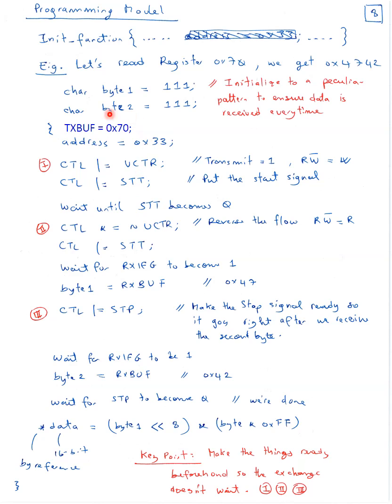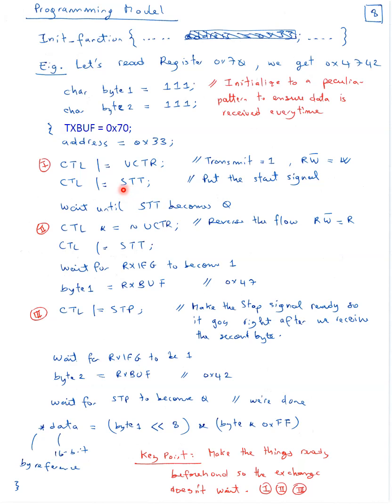Because if you do the start signal first, these guys are not ready, then the module is not gonna do the correct I2C actions. So that's one thing we can learn when we program a communication protocol. You make the things ready and then you fire the bit. And once this fires, everything is ready. We'll go on the exchange step by step as they're supposed to go.